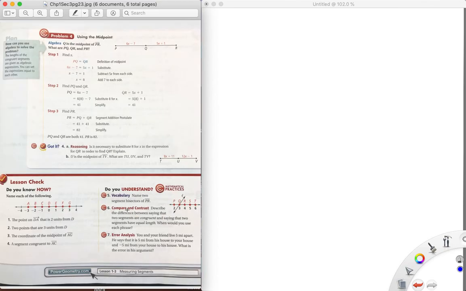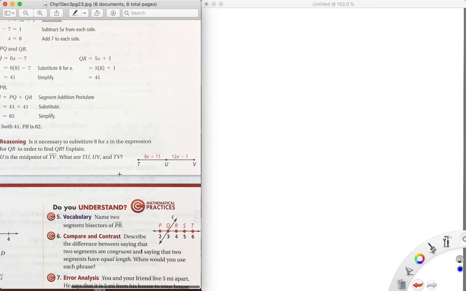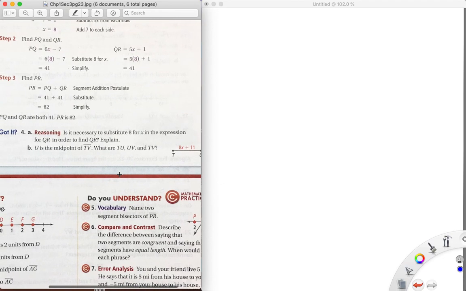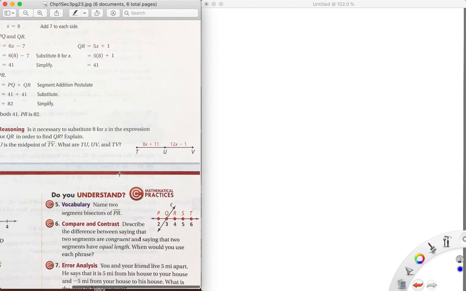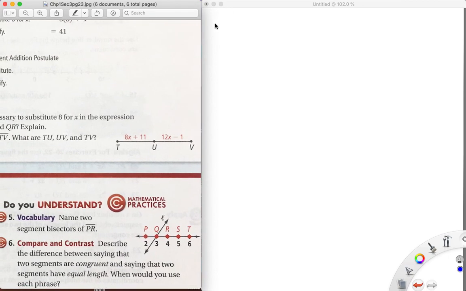And then we have uses of the midpoint. So how can I use the midpoint in a problem? So I'm told that U is the midpoint of TV. So here's TV.